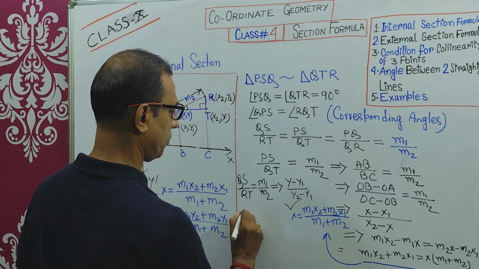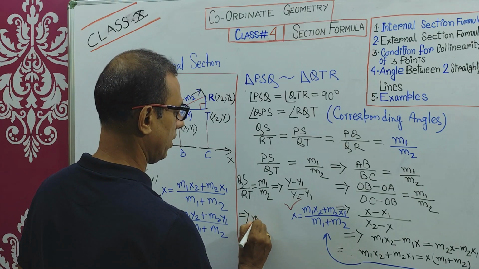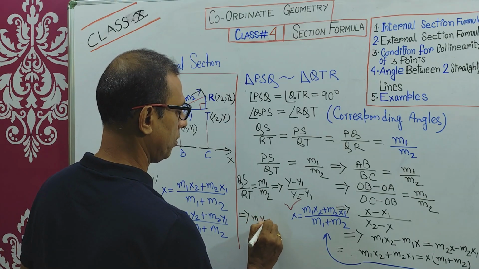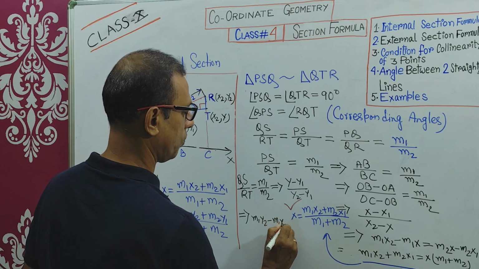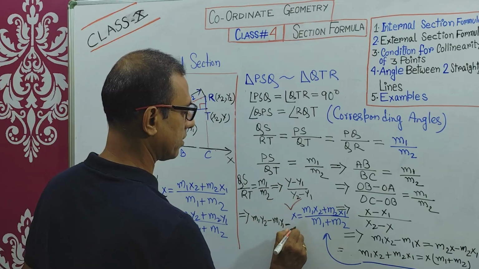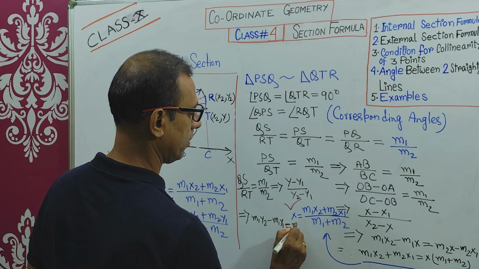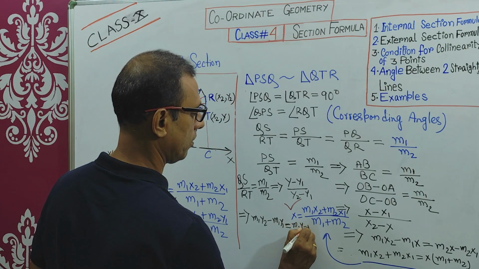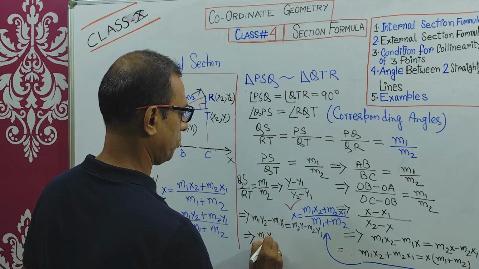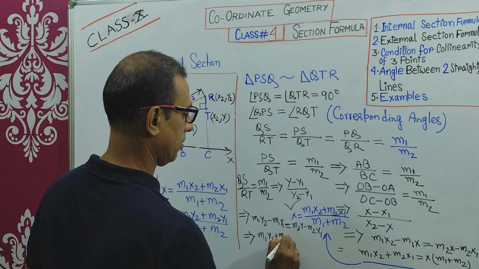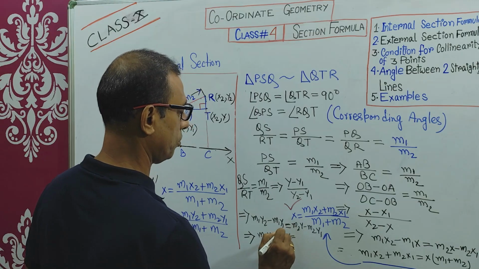So now what is coming? M1 y2 minus M1 y equals M2 y minus M2 y1.